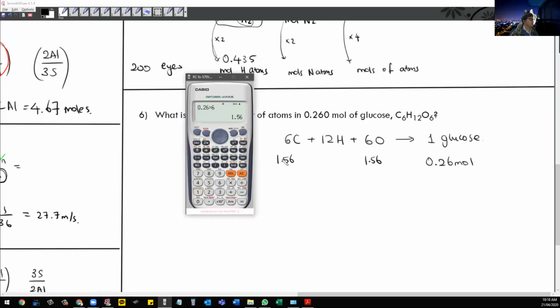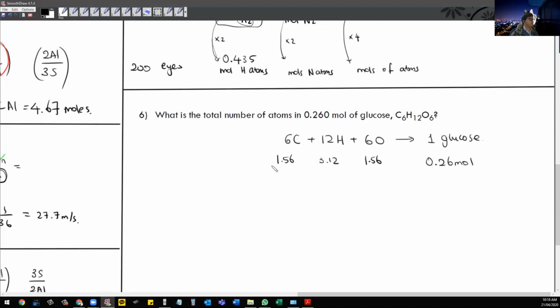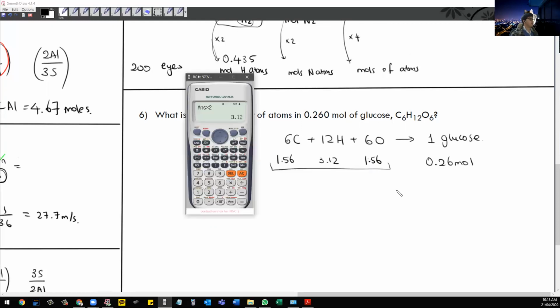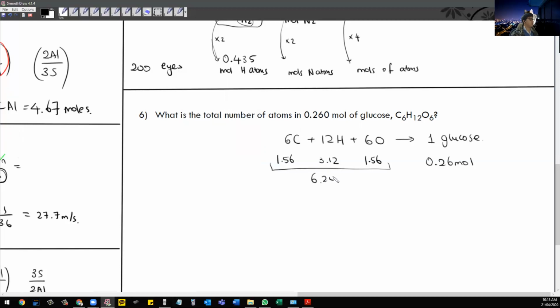And then times 2, because it's double: 3.12. So if you add them all together, 3.12 plus 3.12, then you get a total of 6.24 moles of atoms, right?